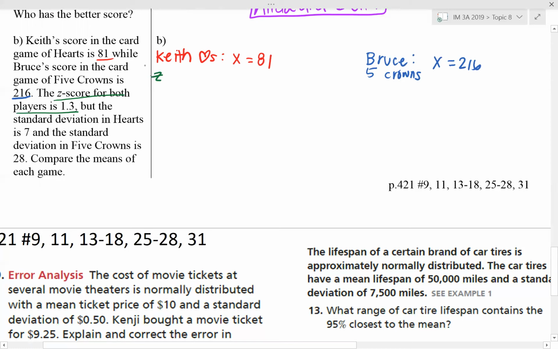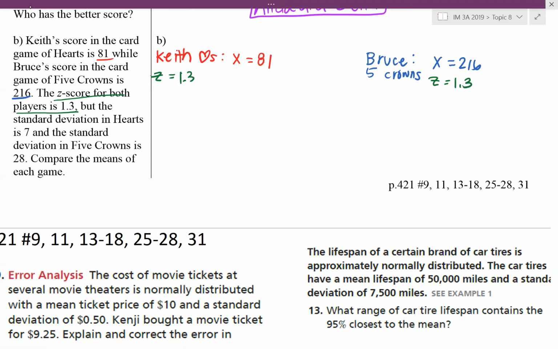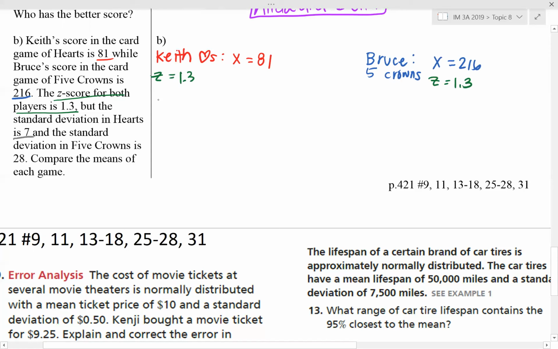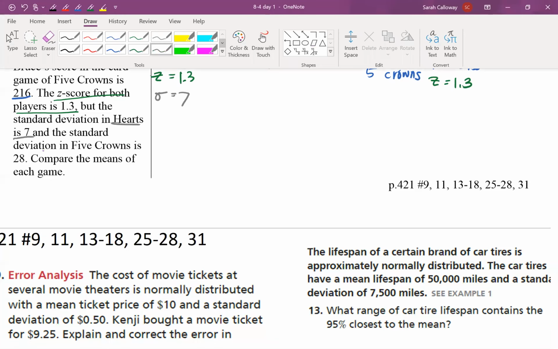So that means that they did the same in terms of each of their games compared to the mean. But the standard deviation in hearts, so sigma for hearts, is 7 points, and the standard deviation for 5 crowns is 28.